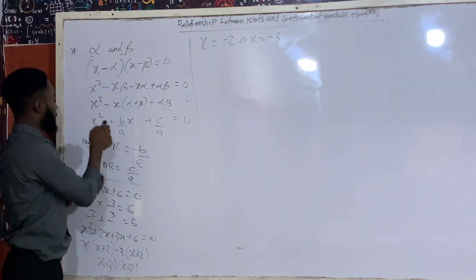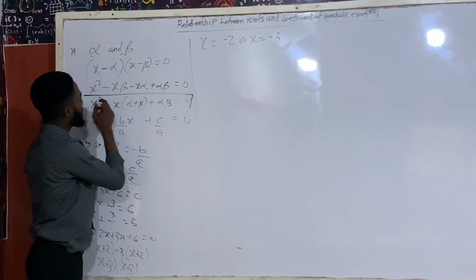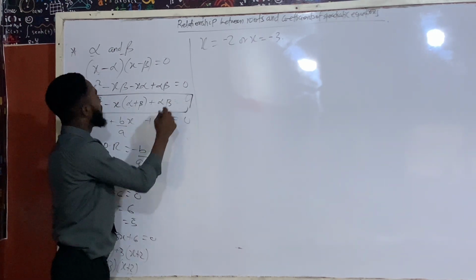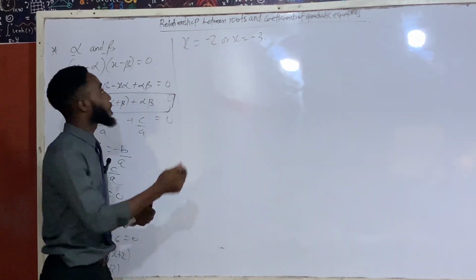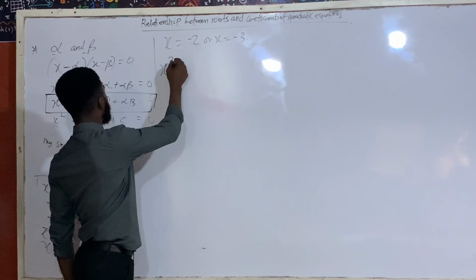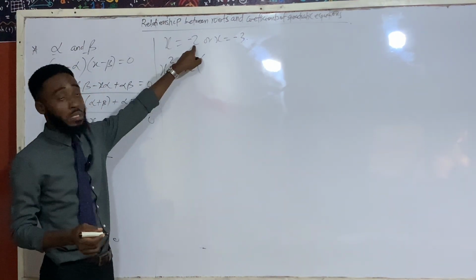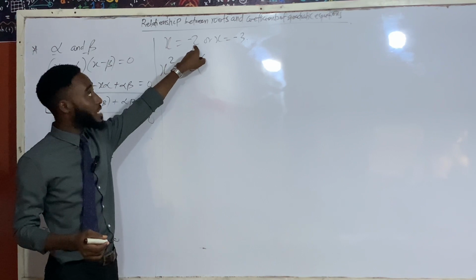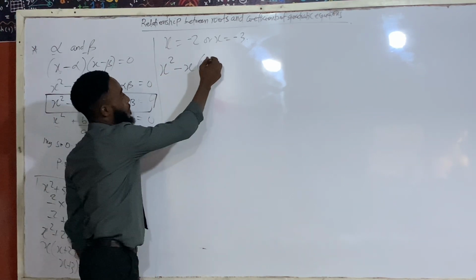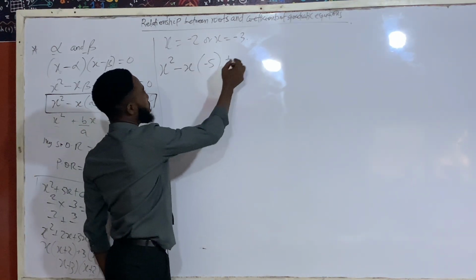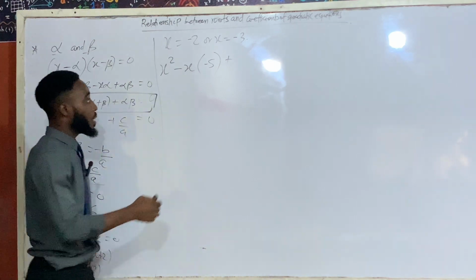Knowing this, I'll just go to this formula: x squared minus x times the sum of roots, plus the product of roots. What's the sum of these two roots? Minus 2 plus minus 3 is minus 5, plus minus 2 times minus 3, which is positive 6.